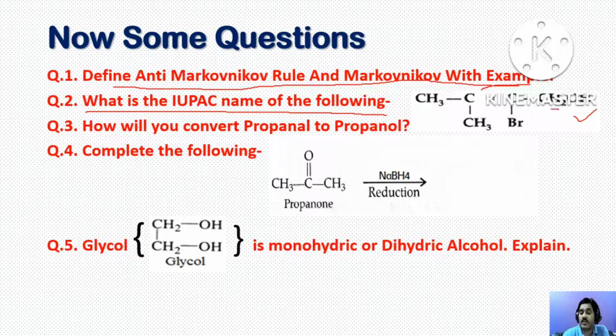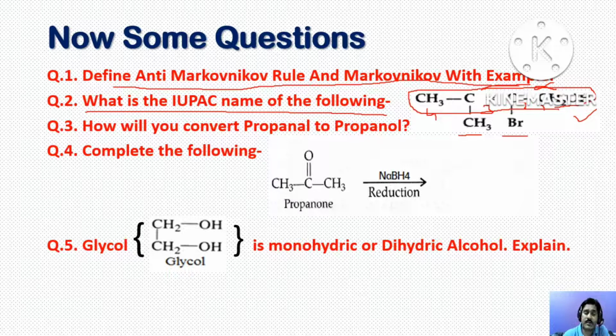First of all, you have to select the longest chain and then give the numbering from the side which has the OH group, that means the alpha carbon atom. Numbering will start here 1, 2, 3 and 4. After giving the numbering, you have to find out the positions of the attached groups or functional groups, and then e is replaced with ol in the last step.